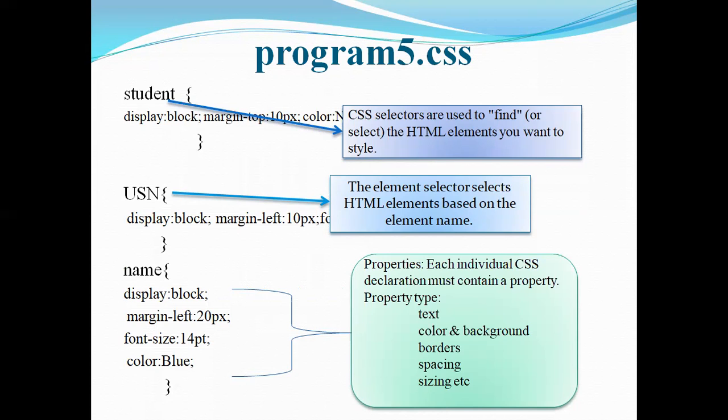There is an element name followed by the opening curly brace and ending with the closing curly brace, and each property should end with a semicolon. First we write the first property ending with a semicolon, the second property ending with a semicolon, the third property likewise, and at the end we need to close the curly braces. These are all called properties. The property can be text, color, background, border, spacing, sizing, etc.